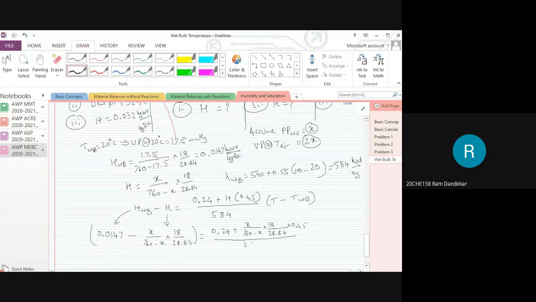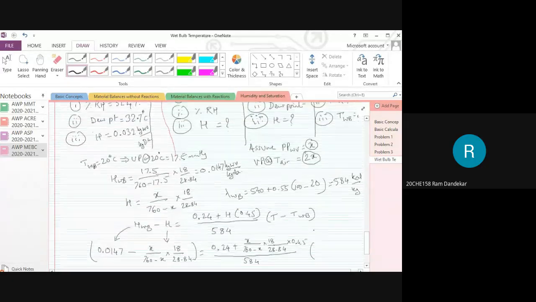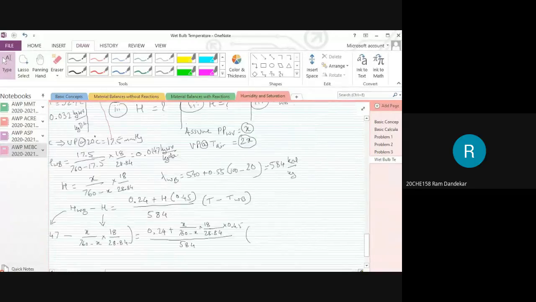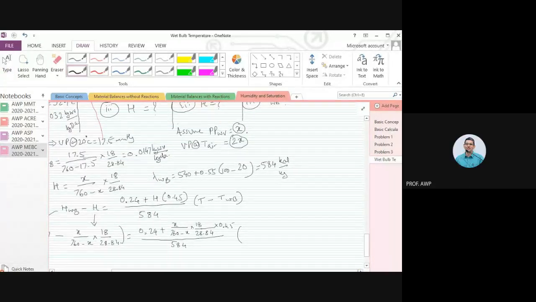So we have a relation between temperature and vapor pressure, so we can write temperature in terms of vapor pressure. If the partial pressure is X, the vapor pressure is 2x.